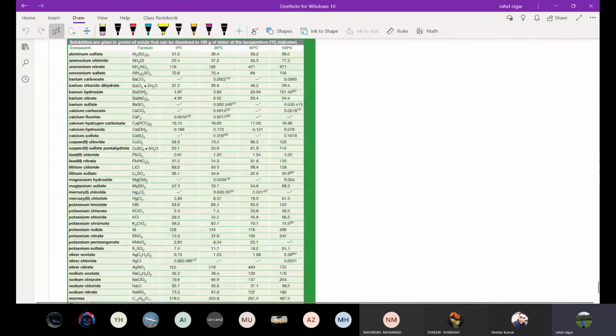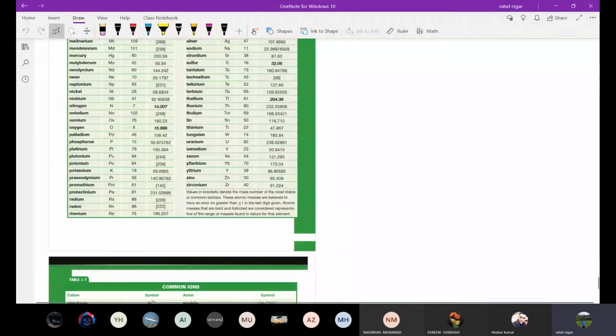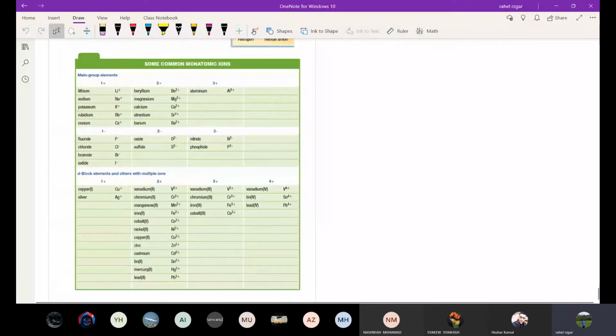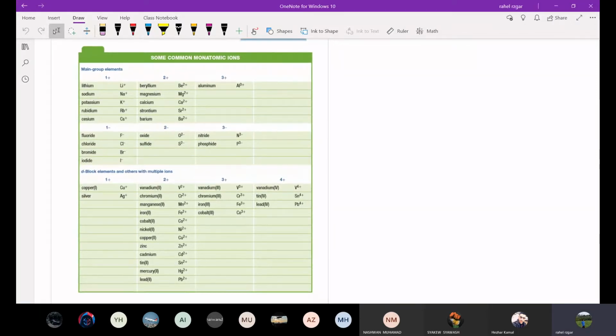I don't remember the pages, but these two tables are very, very important for you to memorize again. Even if you have memorized them until now, please try in these couple of days or this week to memorize them, because it's very hard to solve questions without this. If you don't know how to convert a name into the formula or the formula back to the name, it's going to be a problem.